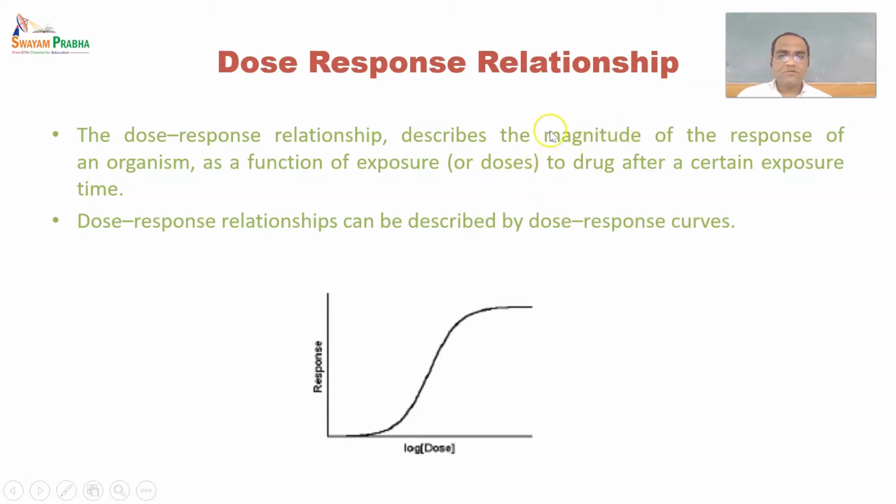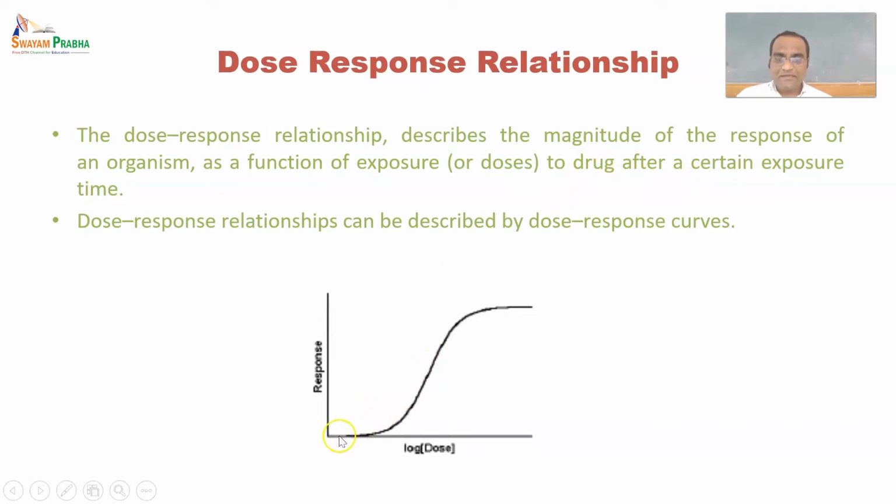So the dose response relationship describes the magnitude. Magnitude is nothing but a measurement of a response when it is exposed to a drug, and this happens after a certain time of exposure to a drug.